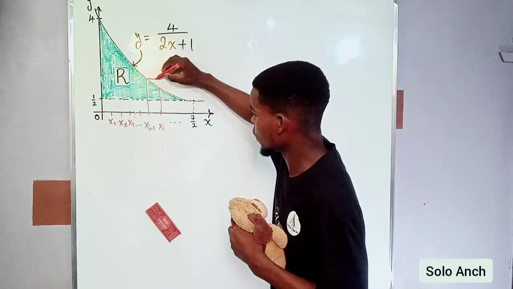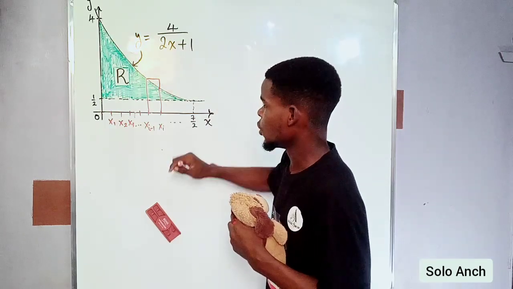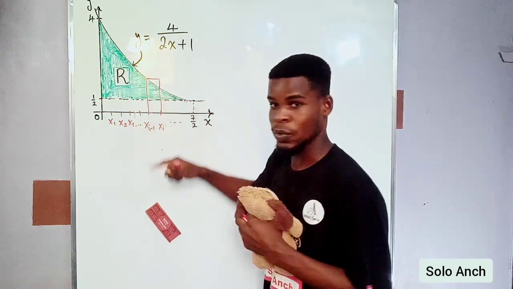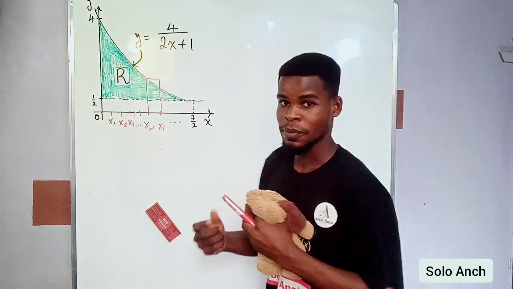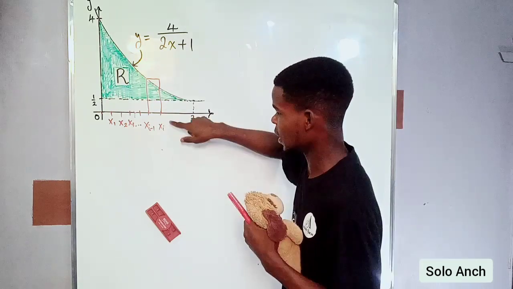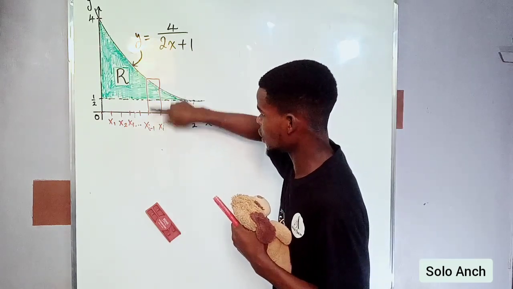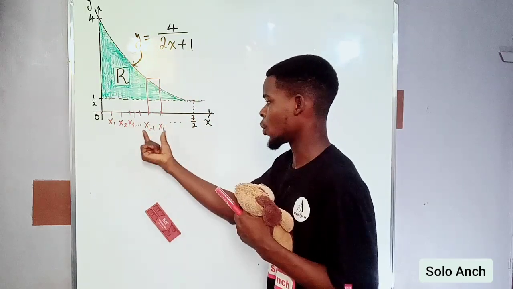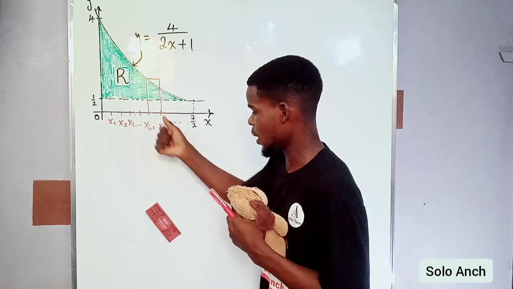Let's put it this way. You know that we are going to find the area. To find the area of this rectangle, we're going to multiply the base by the height, or you can say the length. In this case it appears to be like a height, so you see that from here to here, then we multiply it by the length from here to here. We call this part x_{i-1} and then x_i.